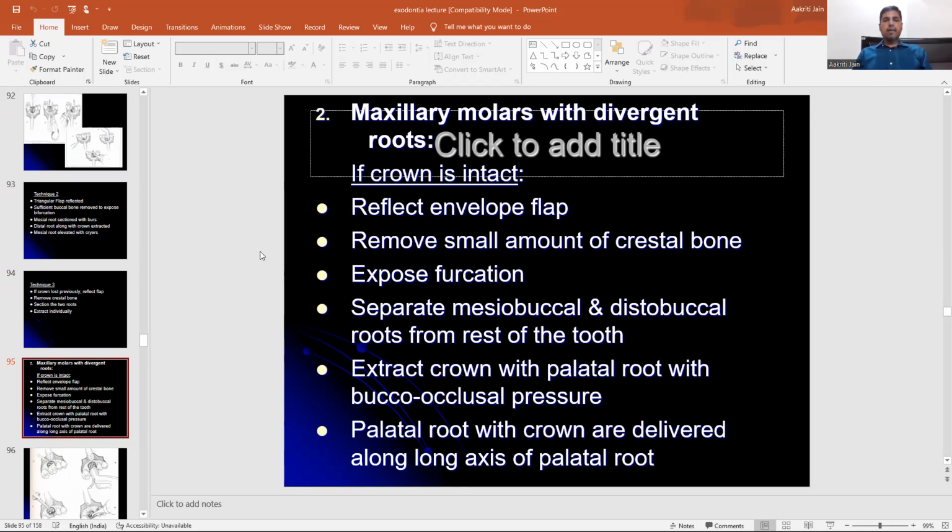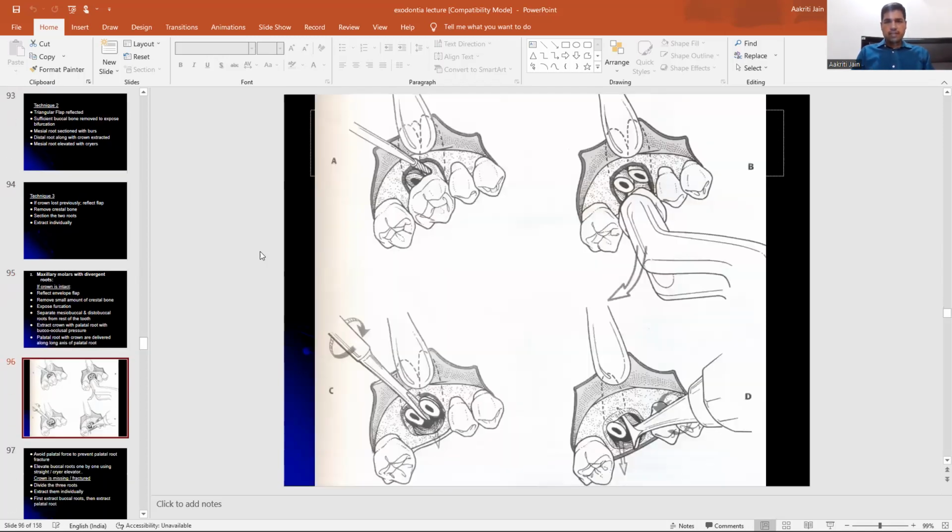Extract the crown with the palatal root with bucco-occlusal pressure; the palatal root and crown are delivered along the long axis of the palatal root. So let's understand with this diagram. This is how you section the tooth. You deliver the tooth out with the help of the palatal root. Now individually take out the buccal and palatal roots, the distal and the mesial roots.